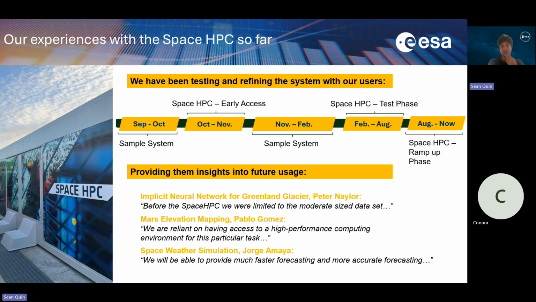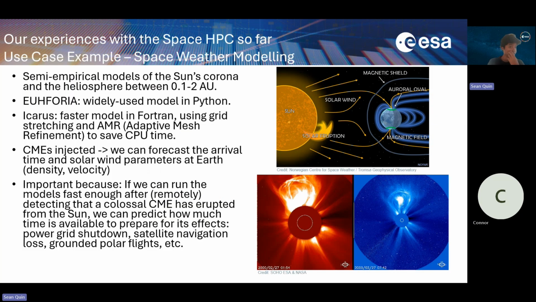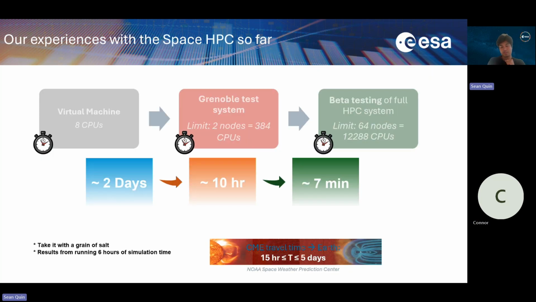An example use case we have here is space weather modeling, in which one of our users had to do essentially a simulation of the sun's corona. I'm not going to get too much into that as that's really not my field. But essentially the outcomes were, through their old system, which was a virtual machine with 8 CPUs, it took around 2 days to simulate around 6 hours of simulation time.